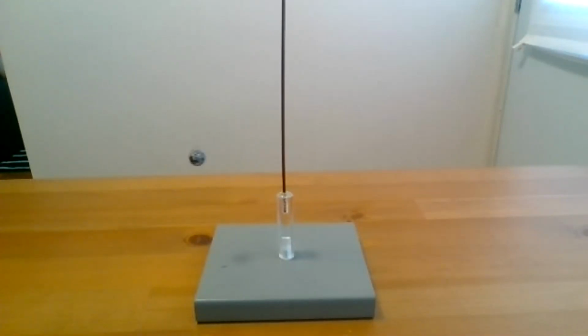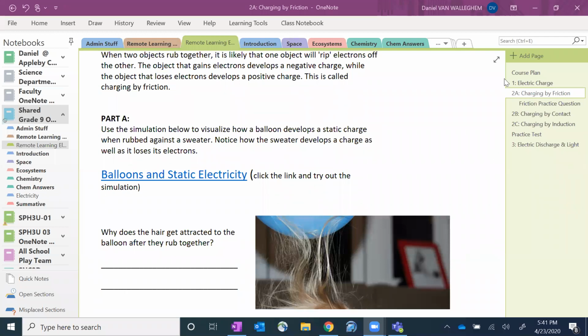We'll bring back this pith ball later in the week, but we will notice something interesting: after I allow it to actually touch the rod, the pith ball is repelled by it. And you learned from yesterday that if it's repelling, the only logical conclusion is that they are like charged. So that's what you're dealing with today. We're dealing with charging by friction.